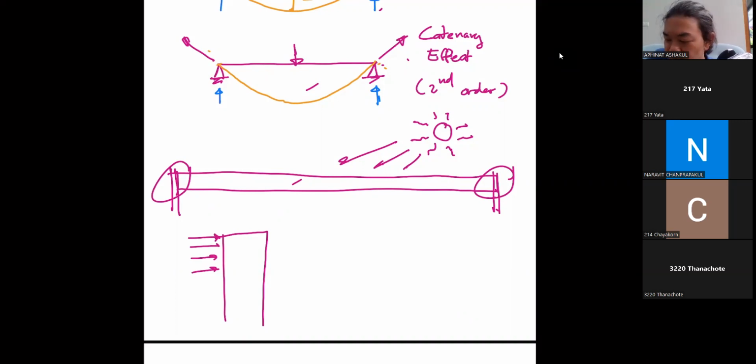Do you agree that when you design your building against the wind, you cannot assume that your building will remain a straight line. It must deform, right? One thing that you learn from mechanics of materials is that whenever you have the load, you must have the strain and therefore stress. So when you have a load like this, your building will move to the side. It will have lateral deformation.